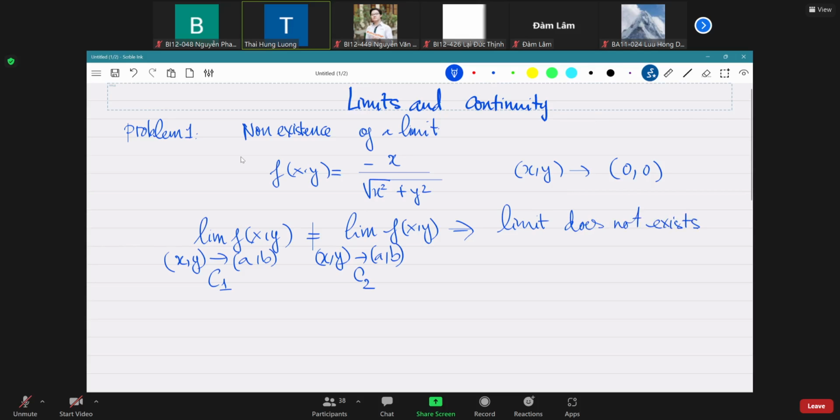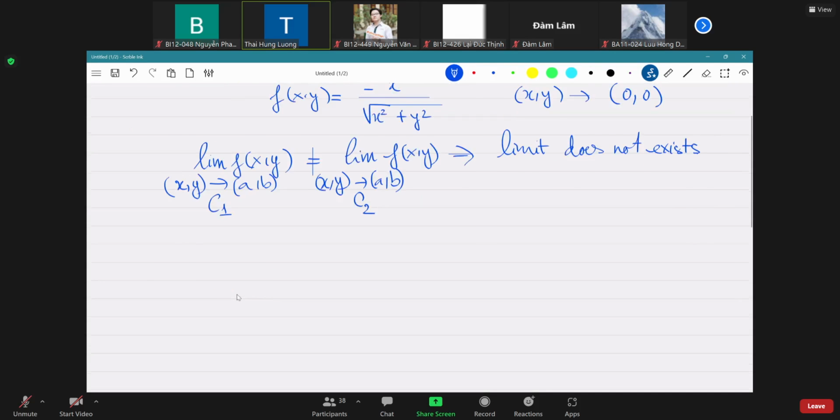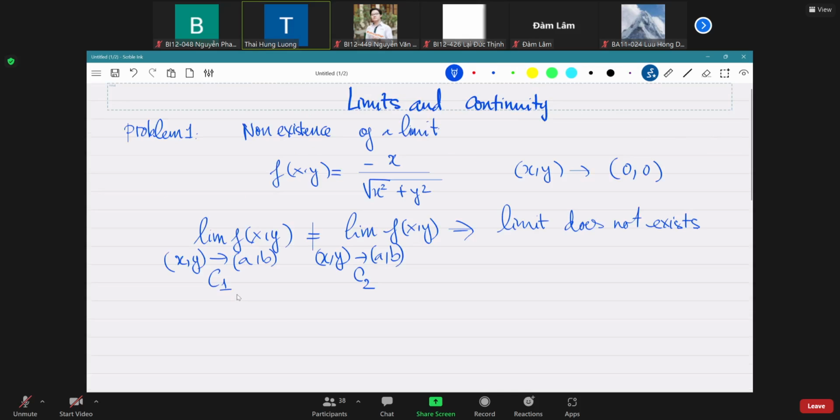Of course, the limit when x, y tend to a, b does not exist. So based on this statement, to do problem one, we need to choose two different paths, c1 and c2, right?